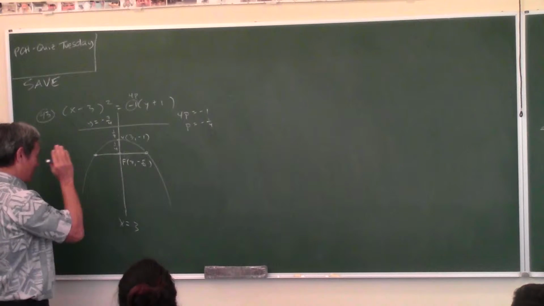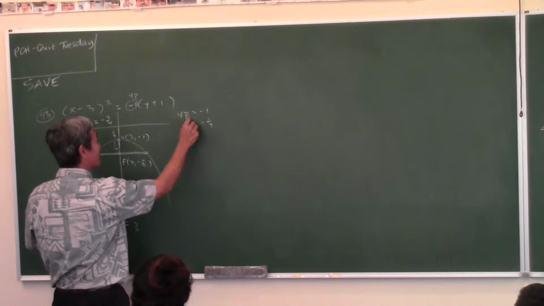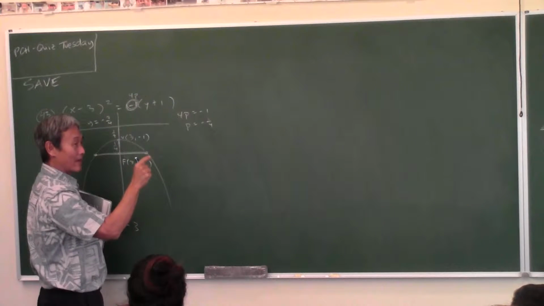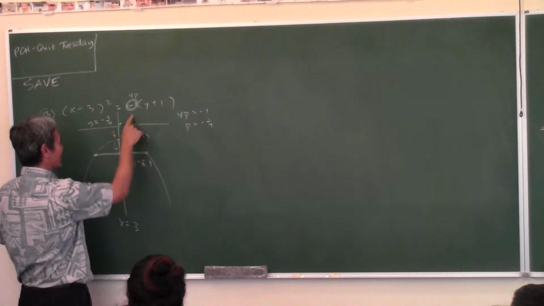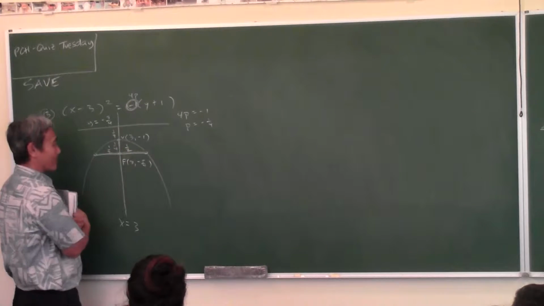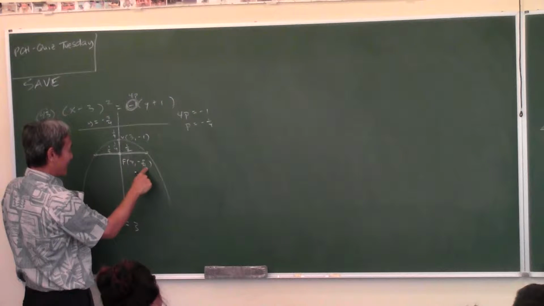You know what? I think we need to do latus rectum. The length of the latus rectum is equal to 4p. So whatever number you have here, or if you take the absolute value of it, that's the length of the latus rectum. So from here to here is 1. So doesn't that mean 1/2 and 1/2? Okay, so if I'm at the focus, 3, -5/4.